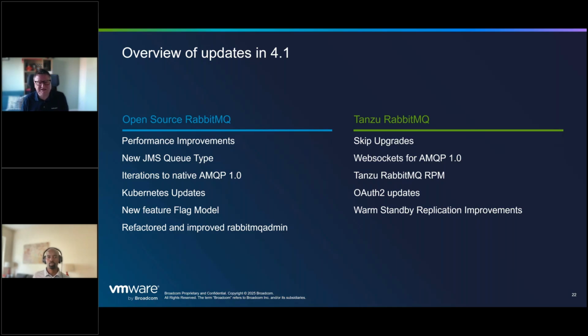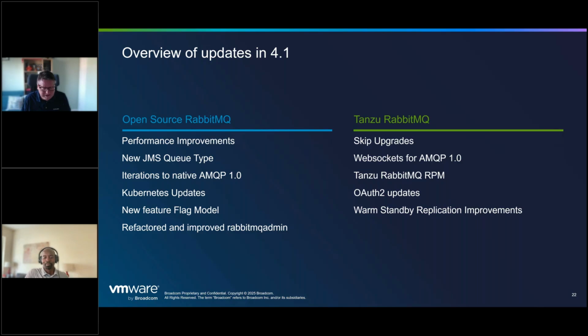These new properties of required feature flags make it easier for upgrades. What this has led to for Tanzu RabbitMQ is the fact that you can now skip upgrades. So you no longer have to step through incrementally from, let's say, 3.13 to 4.0 to 4.1.